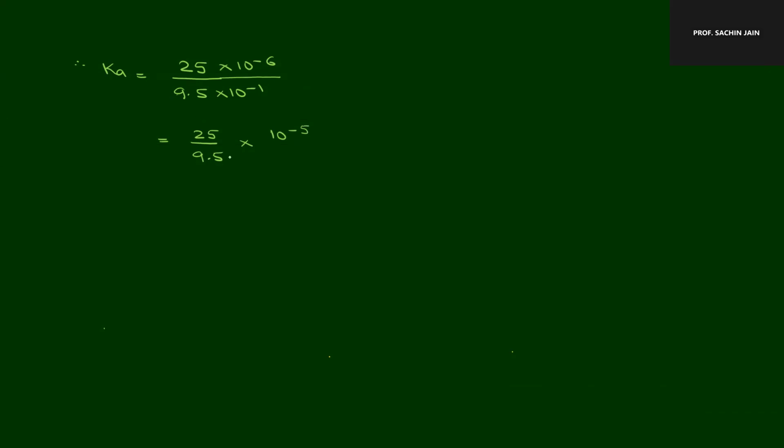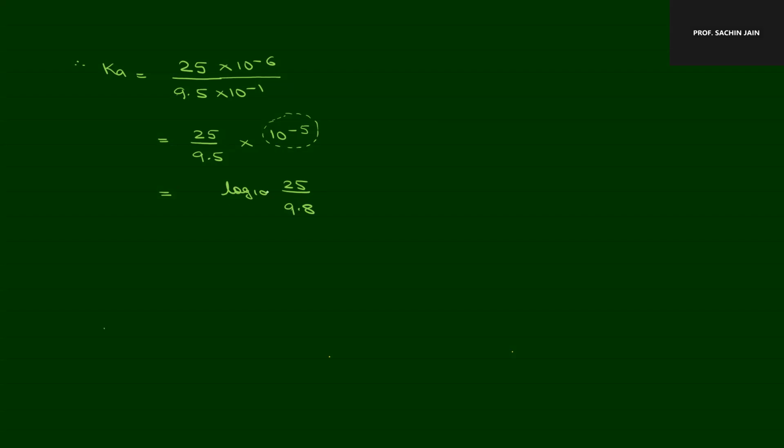Now this particular division we can do using log, and we don't need to include the power of 10 in the log. Just observe: first I take log of 25 upon 9.5, and of course this will give me the log value.